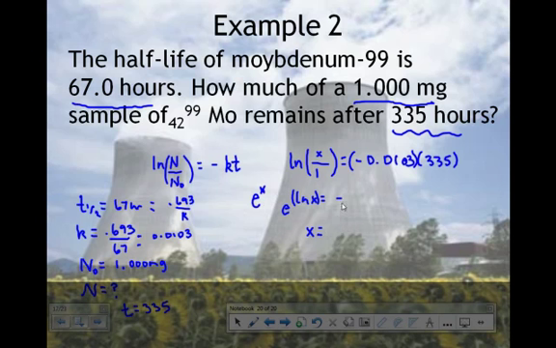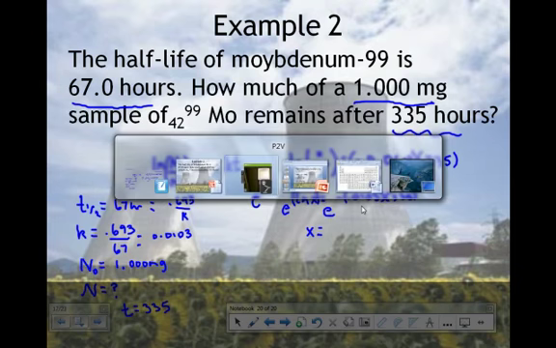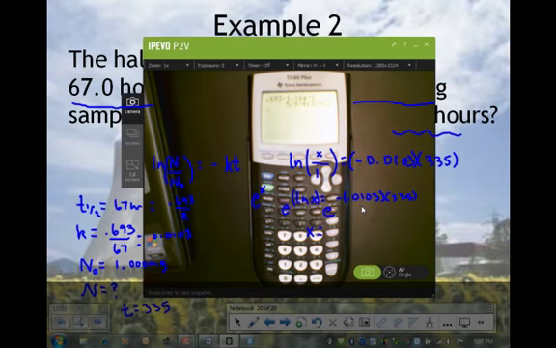So we then take the other side, e raised to the negative 0.0103 times 335. Let's show that with the calculator so that you can see how I put those numbers in. So back to the calculator and clear the writing for now.